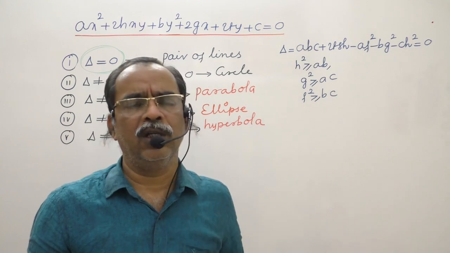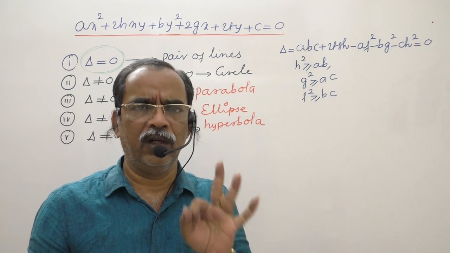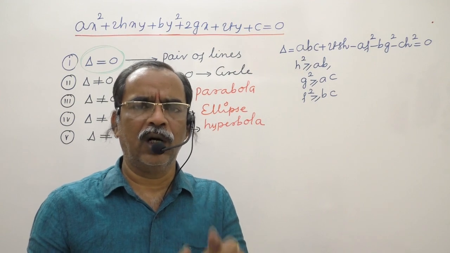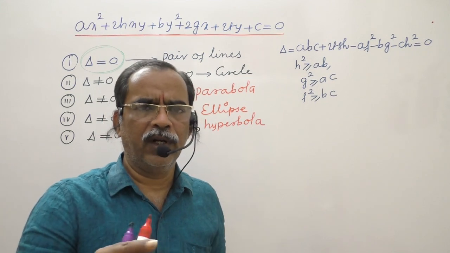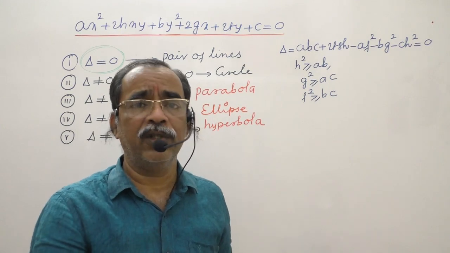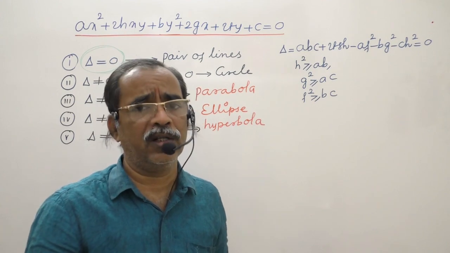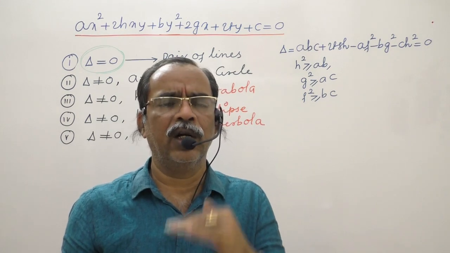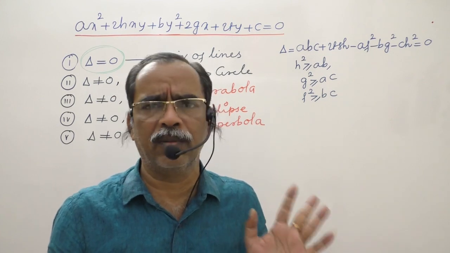Especially that terminology is very important. Focus, directrix, eccentricity, vertex, axis, center, latus rectum, focal chord, focal distance, double ordinate, etc. Not only definitions, you should be able to identify in the figure which line is the axis, which point is the vertex, where is the focus, where is the directrix, etc. If you study properly, systematically in order, then I assure you that it is a very simple chapter.